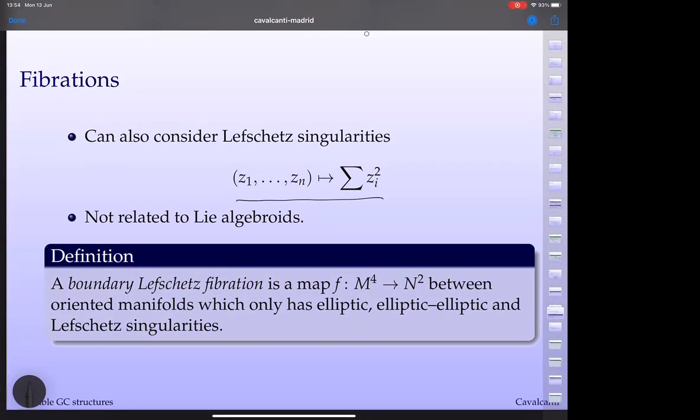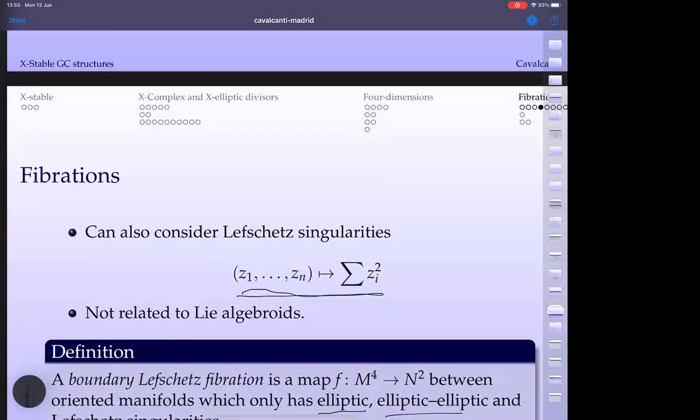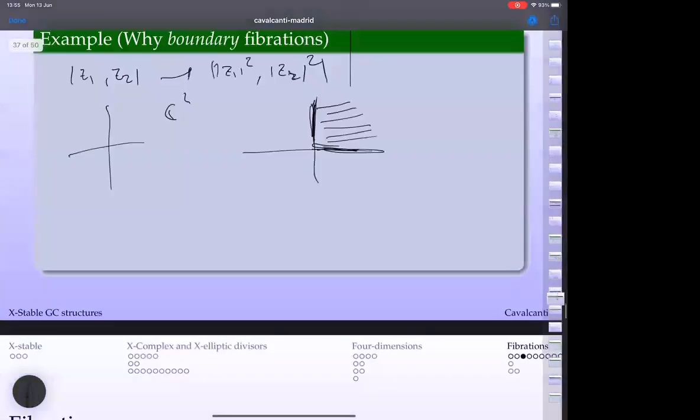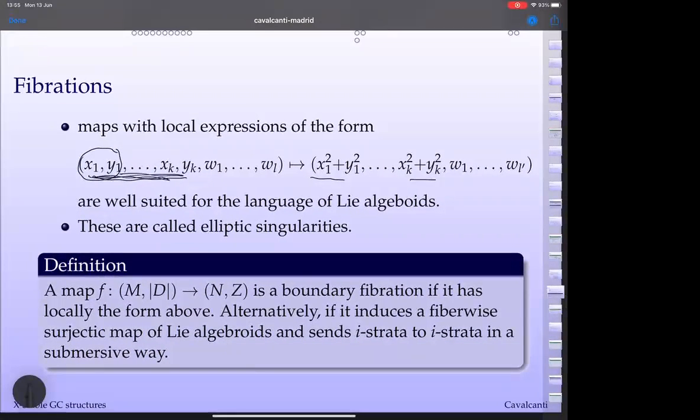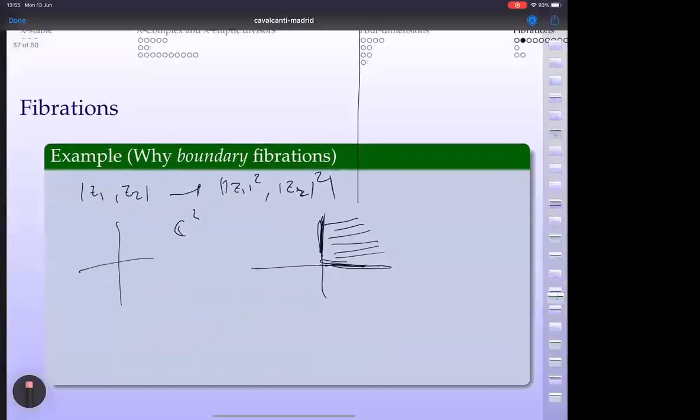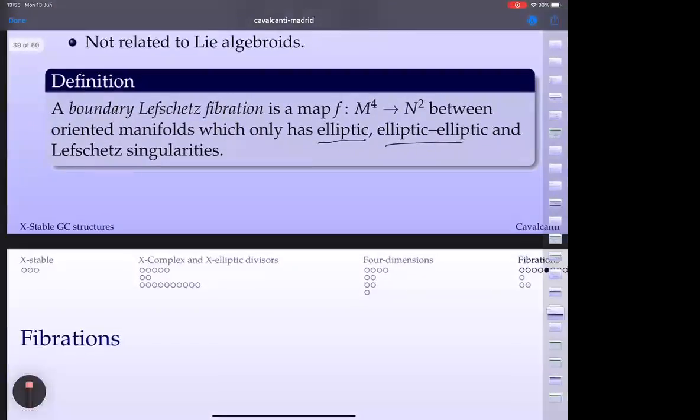For me, a boundary Lefschetz fibration is one that has either of these two types of singularities, either this type of thing, and I'm always in 4 dimensions again, or the previous one with the boundary type of fibration. Elliptic just keeps track of how many variables are in this elliptic part here. Elliptic means just one pair, x and y. Elliptic means 2 pairs, so x1, y1, x2, y2. And for the Lefschetz one, because I'm in 4 dimensions, I don't have elliptic.